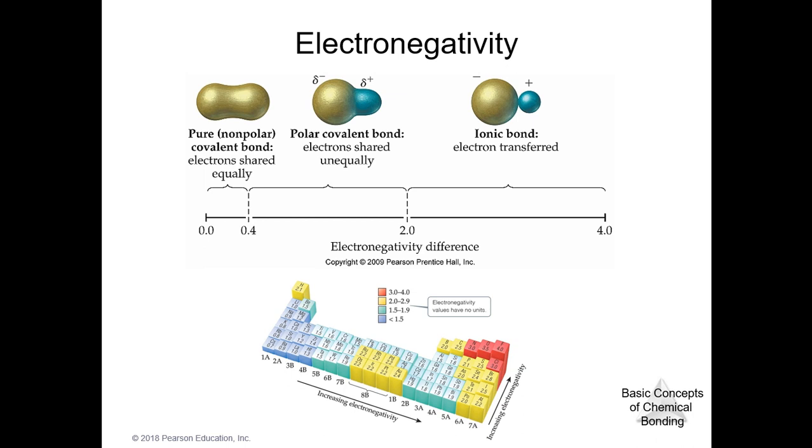Chlorine, Cl, Cl, the electronegativity difference is 0, the electrons are shared equally, so the bond is pure covalent. Sodium chloride: sodium is 0.9, chlorine is 3, the electronegativity difference is 2.1, so the bond is ionic. That's how you predict what type of bonding it is.